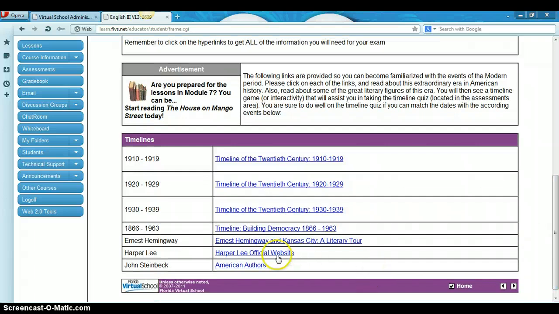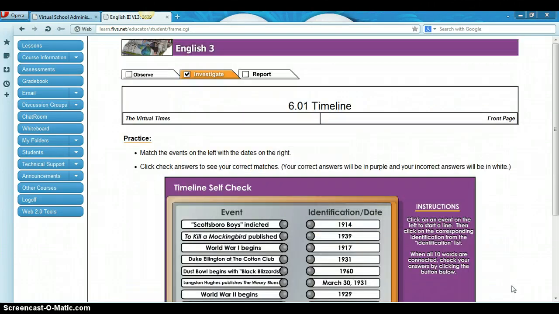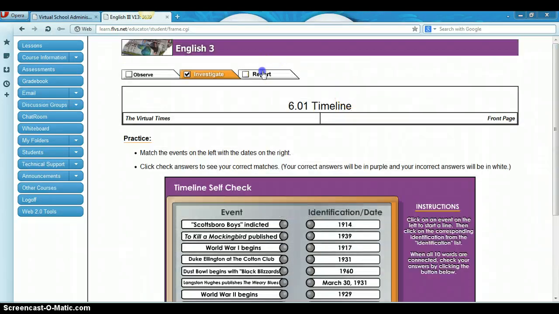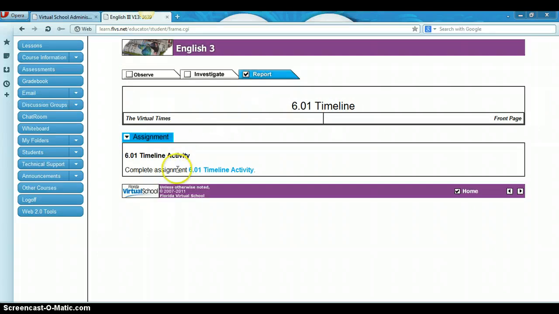So here's also some good information on Harper Lee, who is the author of To Kill a Mockingbird. If you're writing about her in your research paper, you can use that website to help. So for 601, you are going to do your timeline. There's your practice. And then, of course, we will need to go to the assessment area and complete that quiz.